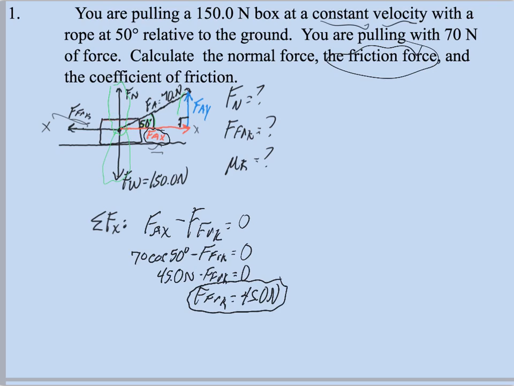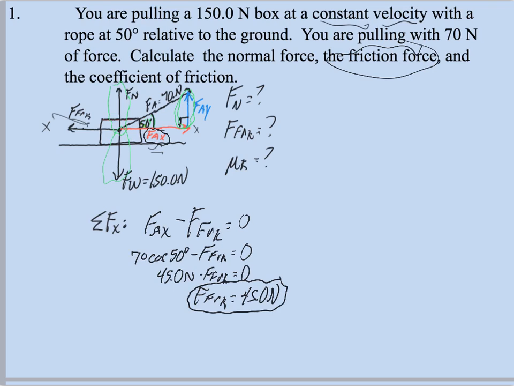Well, if you look closely, you also have this y component of the 70 newton applied force. So we have to incorporate that into our summing of forces. Another thing is, again, this is at constant velocity. So the sum of all the forces pushing up minus the sum of all the forces pulling down should equal 0. That's a rule. If you're at constant velocity, you're at equilibrium.